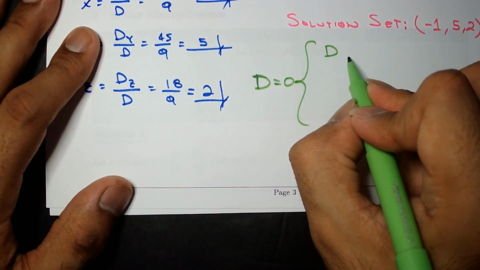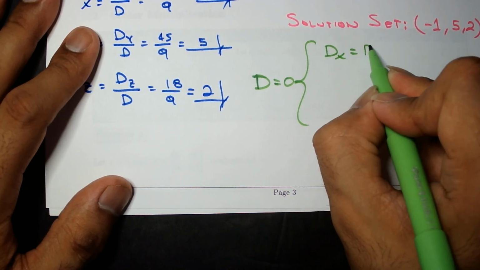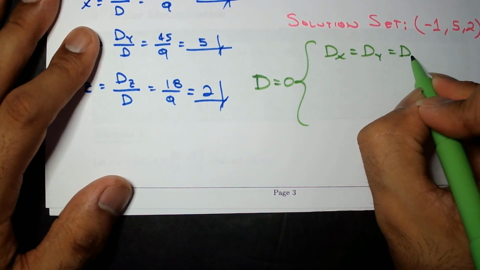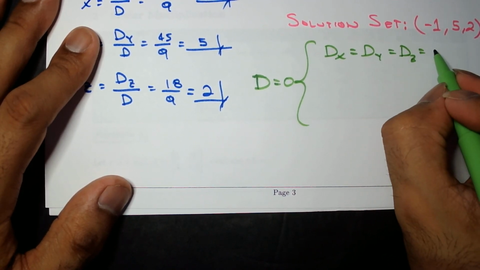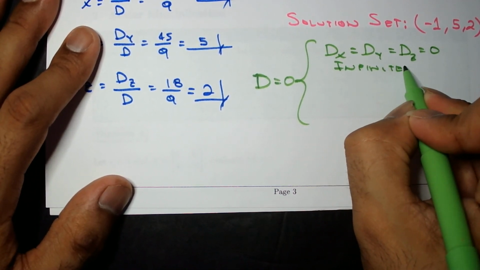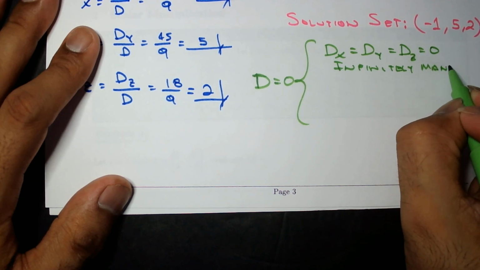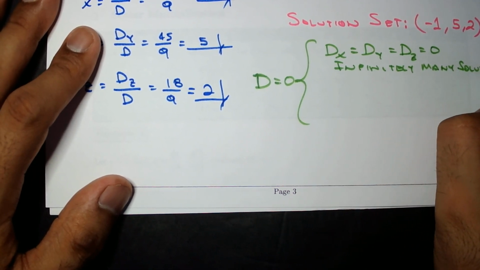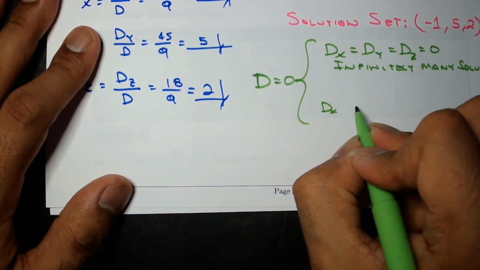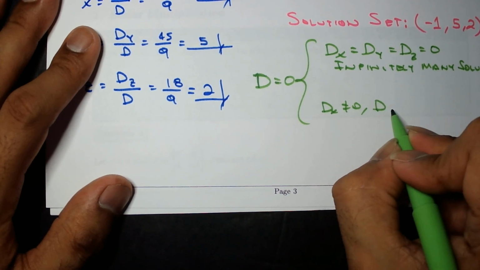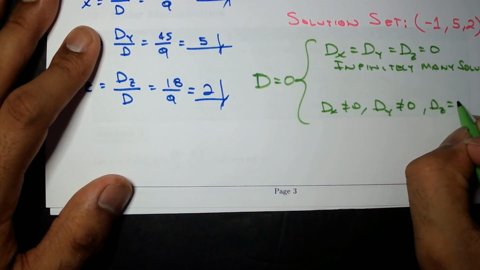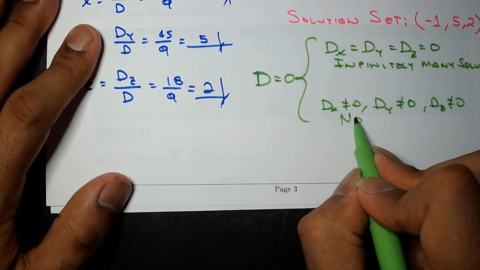If d sub x and d sub y and d sub z are also equal to 0, then we have infinitely many solutions. But otherwise, if d sub x is not 0, or d sub y is not 0, or d sub z is not 0, then no solution.